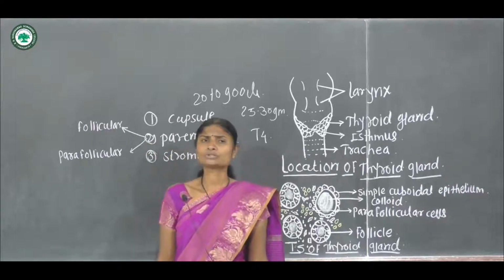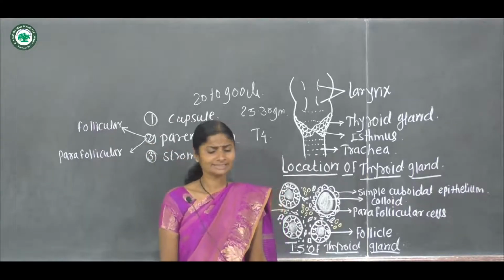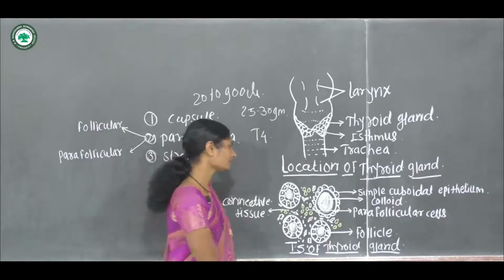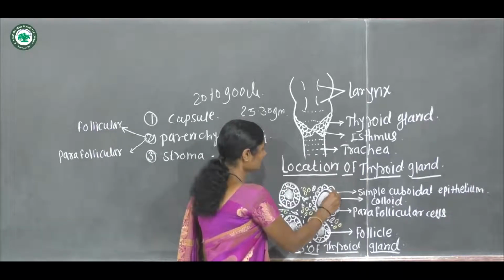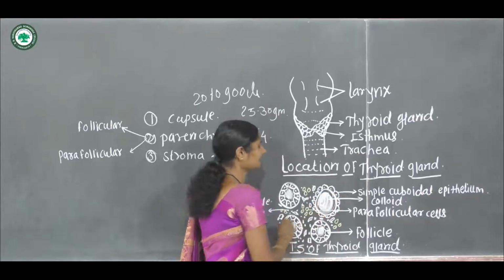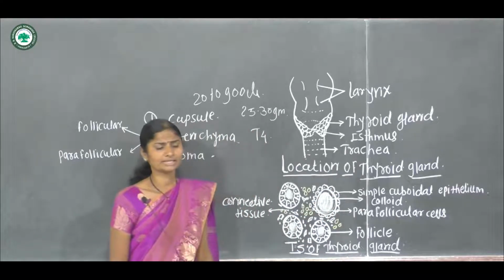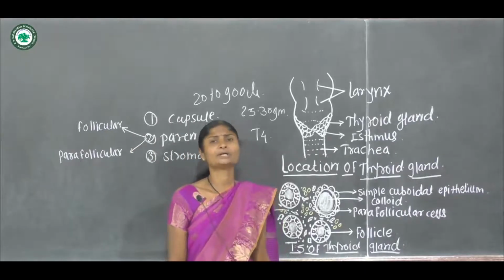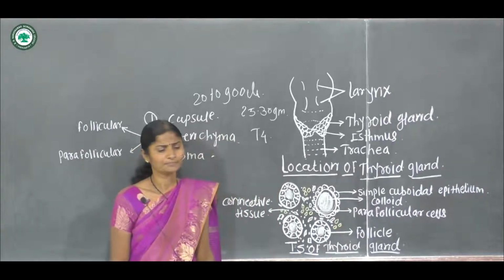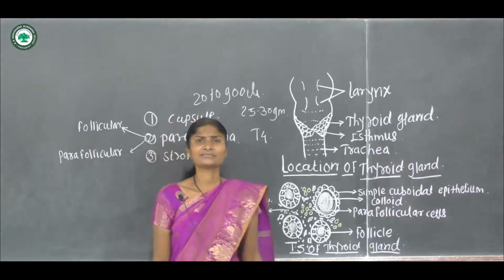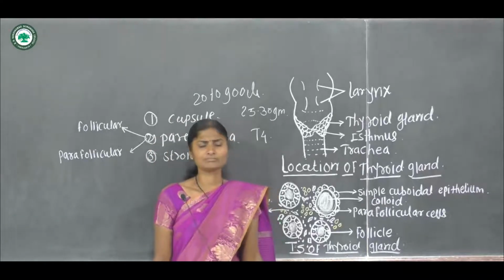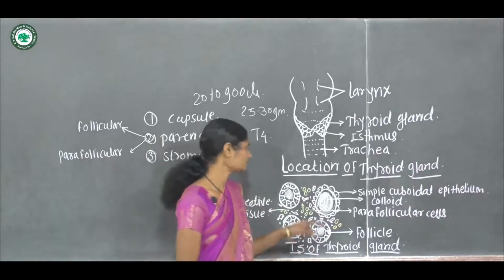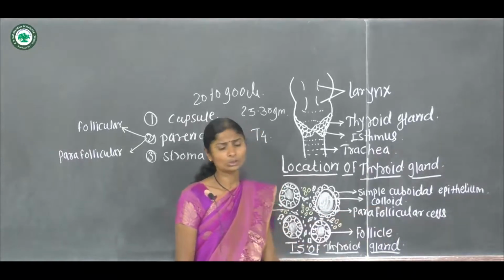Follicles enclose a cavity, called the follicular cavity. Here we observe in this diagram the central follicular cavity, which is usually filled with a gel-like, viscous, iodine-rich material called colloid.